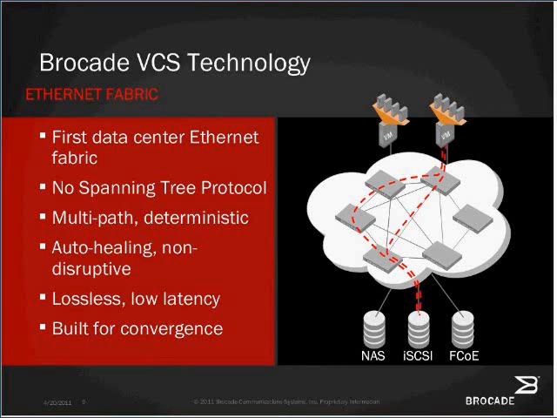All of this, all the Ethernet fabric, is built on lossless, low latency DCB, Data Center Bridging Ethernet, meaning that it's built for convergence. So not only does it carry your data traffic, your iSCSI traffic, your network attached storage traffic or NAS traffic, it's also built for Fibre Channel over Ethernet and also multi-hop FCoE.